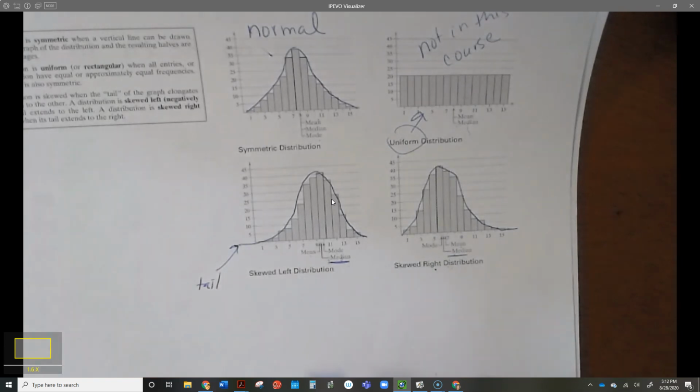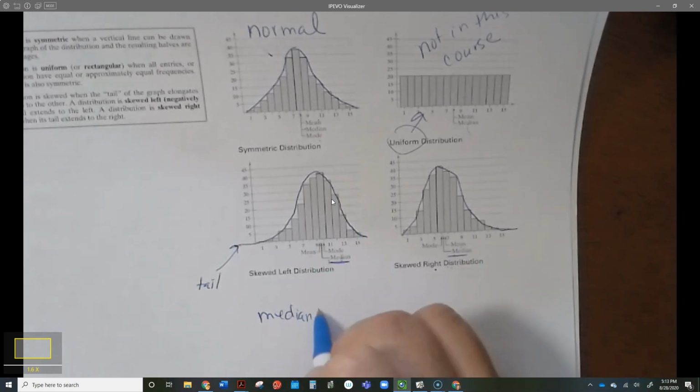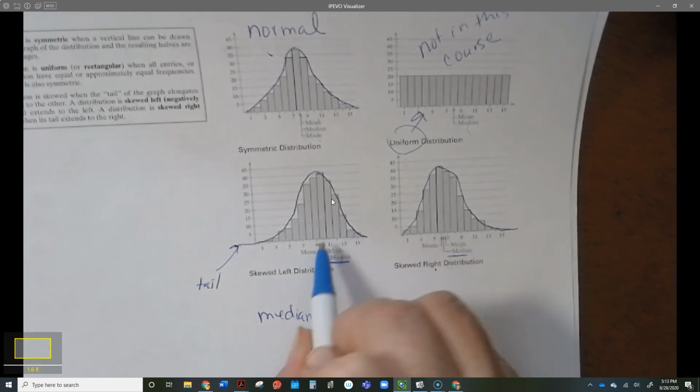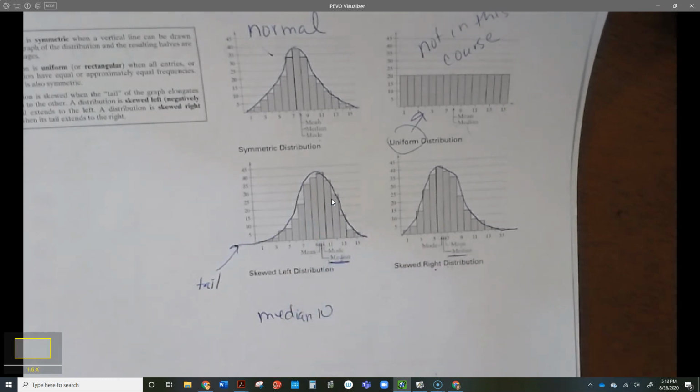So here, and I'm just guessing, it looks like the median is 10. Because here's 9, here's 11, so 10's right there. So that looks like the median.